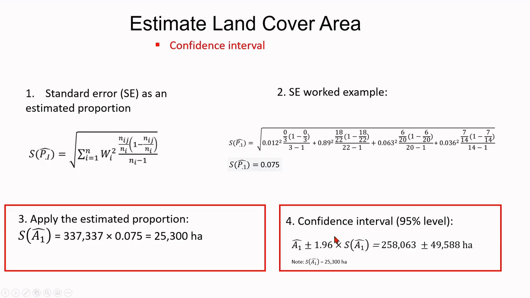Once you have that, we are not going to say that the estimated area for vegetation is 258,063. No, we're going to say that it is 258,063 plus or minus 49,588 hectares. That is the range within which we are going to find the true value that represents the actual area covered by vegetation.